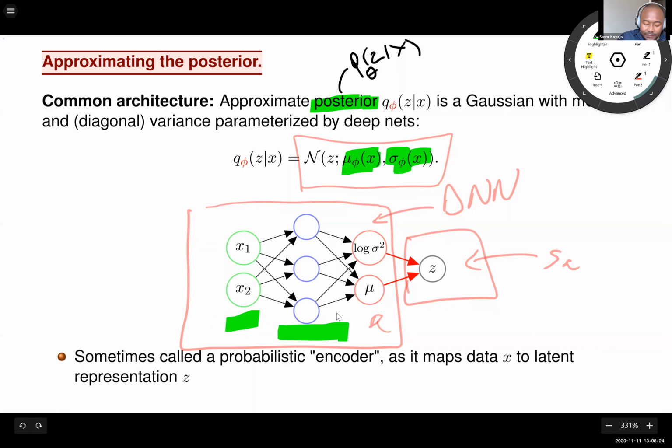This is sampling. Because if you look at this model, what you have are mean functions and variance functions, and then z is a distribution parameterized by the mean and variance functions. So really what this neural network gives you is the distribution, and the actual z is a random variable drawn from this distribution.